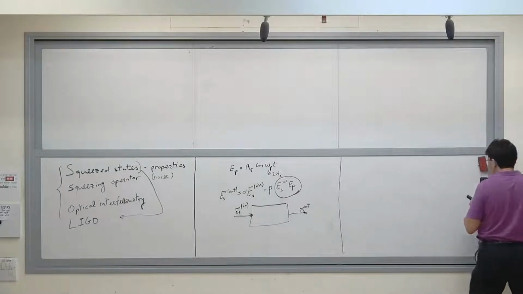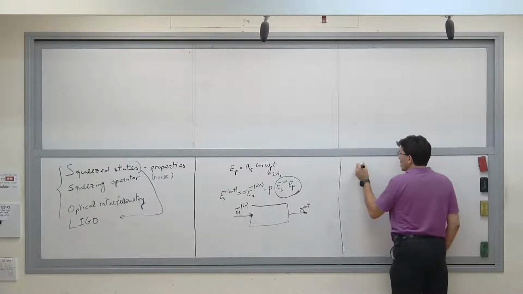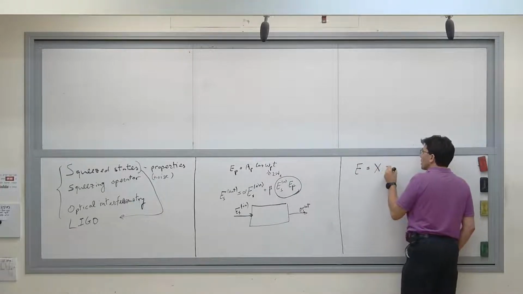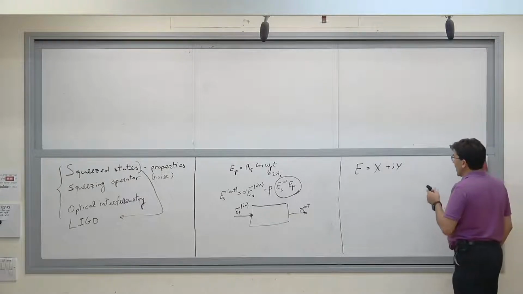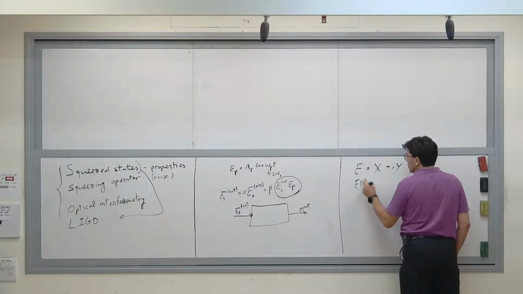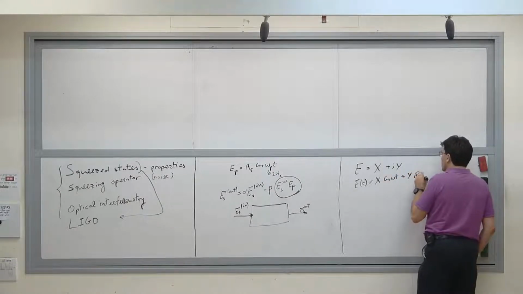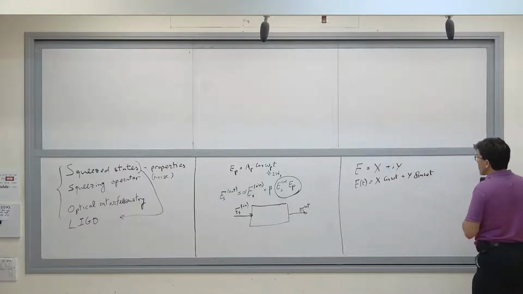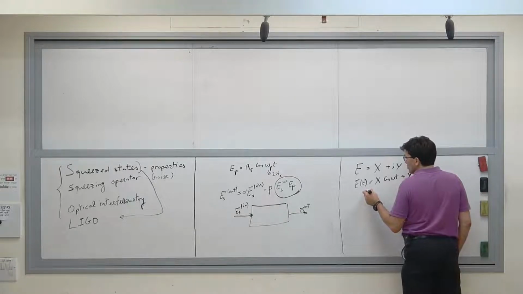So we said that what a parametric amplifier does is, if I say classically that the field equals x plus iy, which actually means that E of t equals x times cosine omega t plus y times sine omega t, then what happens to the input signal in and the output?